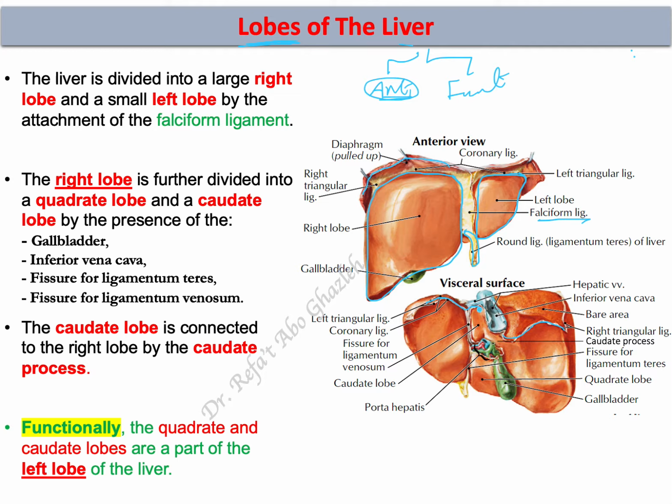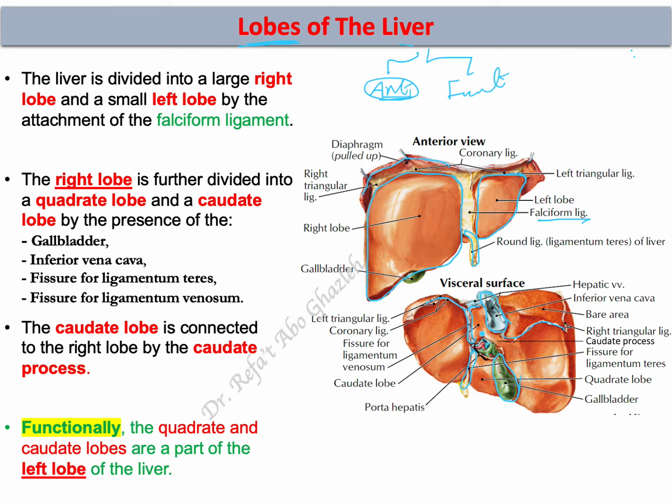The reflection of peritoneum creates a kind of fissures either here or there. Furthermore, there are grooves for vessels or structures, like the groove for the inferior vena cava. This is the inferior vena cava, and this is the groove of it. And there is also a fossa. This is the fossa for the gallbladder.